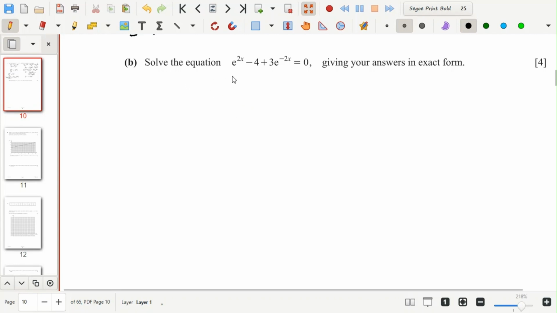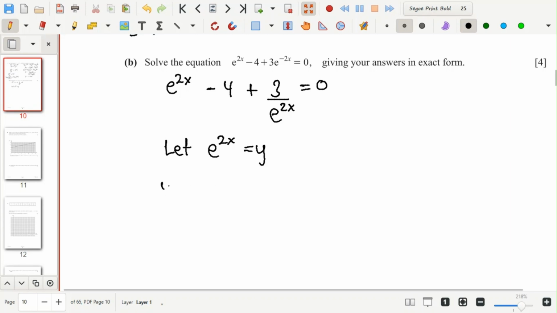So this can be written as 2e to the power 2x, minus this, plus this. All right. Then here I can say let e to the power 2x be y.